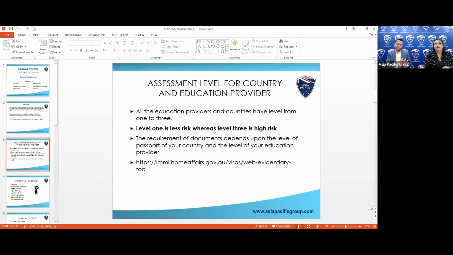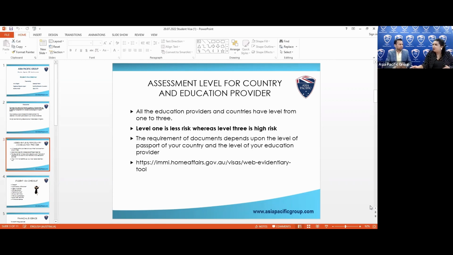If both the country and the education provider are level 1, then fewer documents are required, because the department considers that you come from a low-risk country and the education provider is also not high risk.